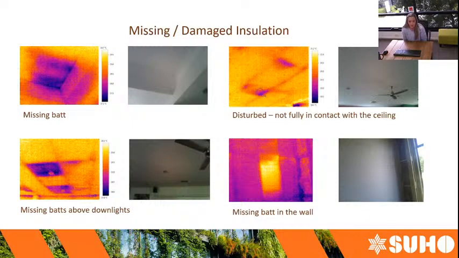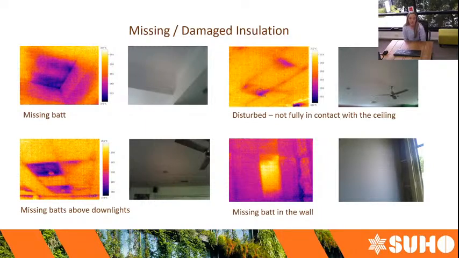The builders couldn't get over into that corner, and so that batt, or half of a batt, is just simply missing. Or maybe they ran out of insulation or something, I'm not really sure. But that quite obviously shows that there is a big temperature difference there, which means that there is no insulation in that corner. The bottom picture is where insulation batts have been cut out around downlights.